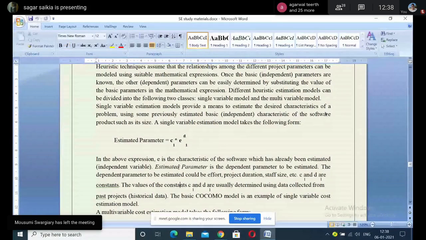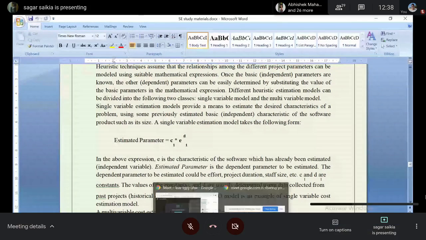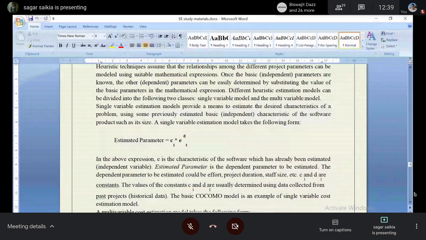Now when we compute the estimated parameter, what does it tell us? The estimated parameter is basically a medium to compute the effort, the duration of the project to be completed, and the staff required. These are the things required for calculating it.